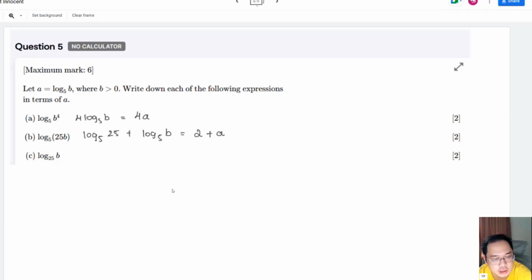Okay, question C. Base 25 again. What should we do? Because now the base is 25, not 5. Use the change of base formula like the last problem we've done. Look at the formula booklet again.